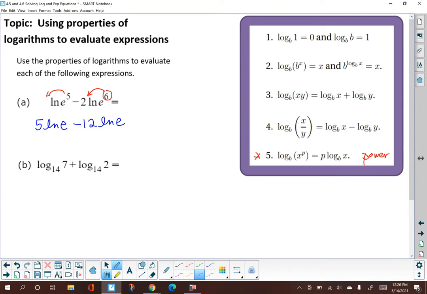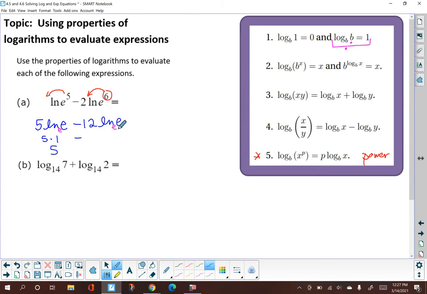Okay, now we're going to apply this property right here. Remember that natural log is just a log with a base of e. So we can apply this property that the log of any base of that same number is equal to 1. Well, this is log base e of e, so that's the same as 1. So this is 5 times 1, which is, of course, just 5.